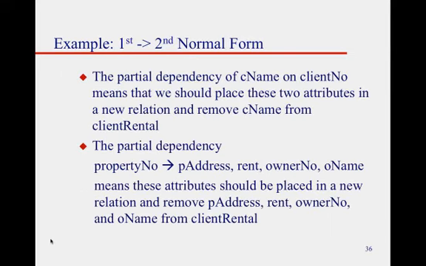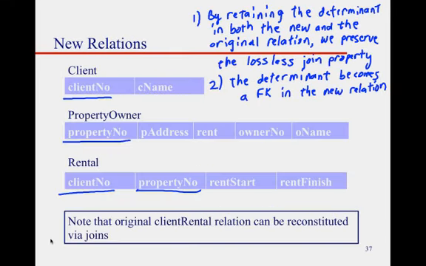Now, you might be sitting there thinking that's not exactly right, because if you look at this one, what's being duplicated? There is something being duplicated there. What's the duplication? Yes, if an owner has more than one property, we're duplicating the owner name.